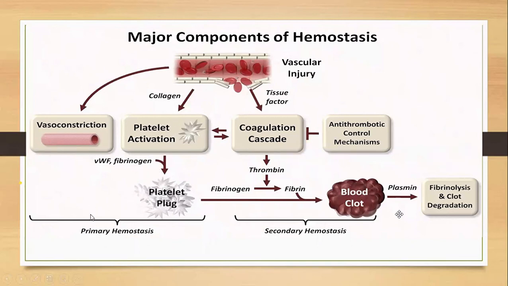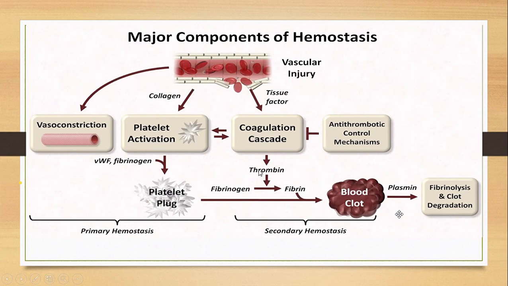This is primary hemostasis. And then you have secondary hemostasis, the coagulation cascade, the intrinsic and extrinsic pathways, and then the formation of the blood clot. In primary hemostasis, what is formed is a platelet plug. It's a loose plug. Then you have a firm plug or the clot.